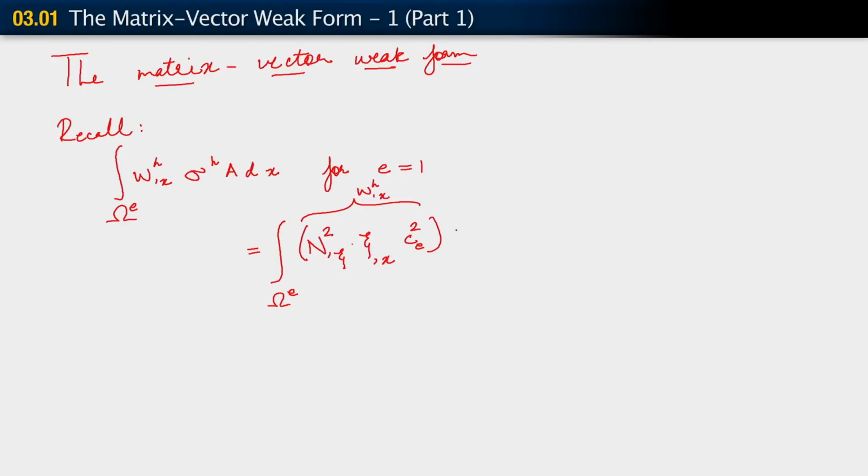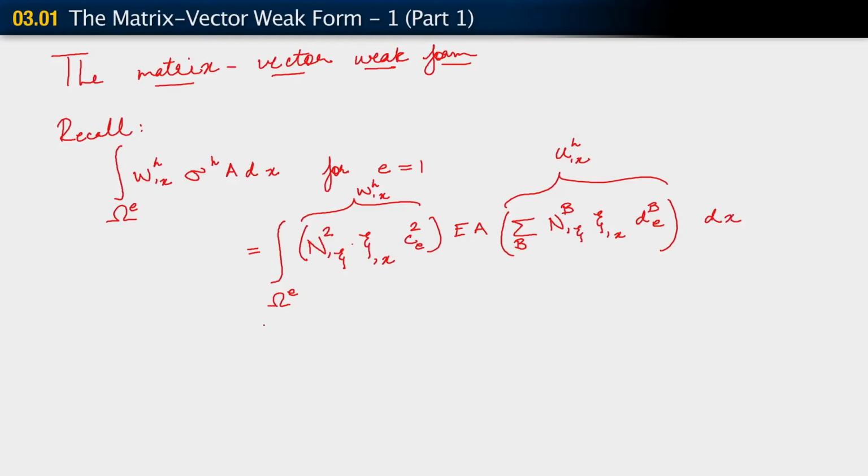All right, it multiplies EA, and then we have our contribution for the gradient of the trial solution, and that takes on the form sum over B, NB comma x dBE, and this is our representation of uh comma x. All right, integrated over dx.